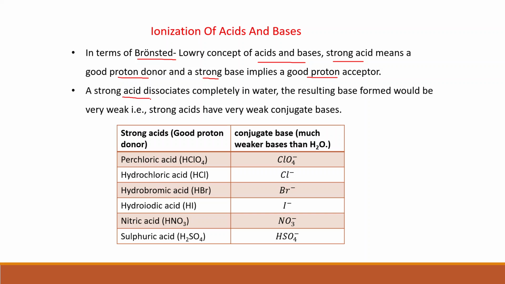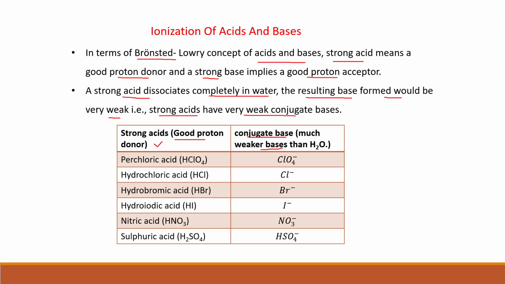A strong acid dissociates completely in water. The resulting base formed would be very weak. That is, we can say strong acids have very weak conjugate bases. For example, these are the strong acids, good proton donors, and their conjugate bases are weaker bases than water.